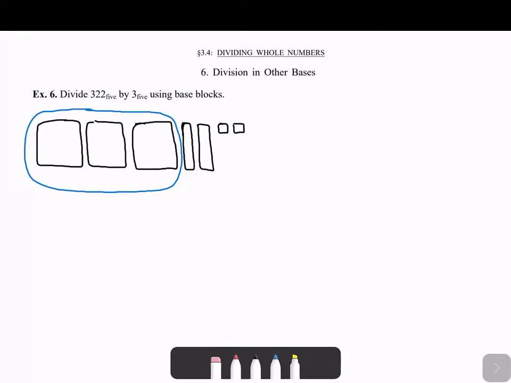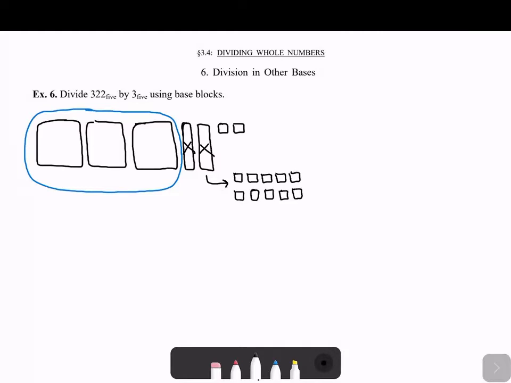So since we can't group any of these longs, we are going to break them up. So we're going to take this long and this long and make them into 10 units, right? Because we're in base 5, each of these longs creates a group of 5 units.